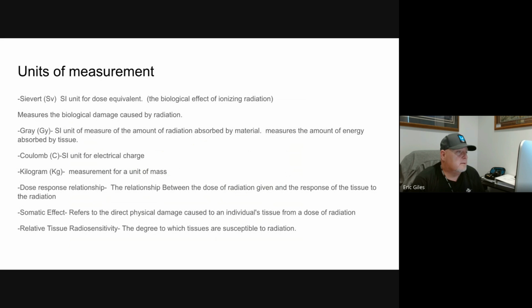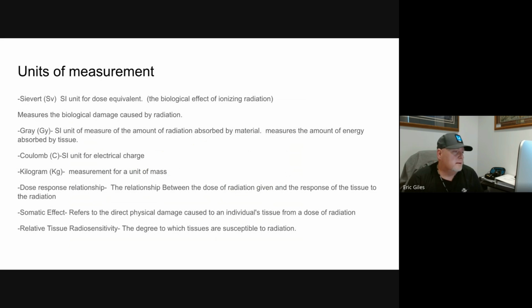Okay, sievert, it measures the biological damage caused by radiation. A gray, or Gy, is the SI unit for measure of the amount of radiation absorbed by a material. It measures the amount of energy absorbed by the tissue. So a gray is the amount of energy that has been absorbed by the tissue or the patient. Okay, a coulomb is an SI unit for the electrical charge. Okay, kilogram, we all kind of know about kilograms. It's a unit of mass.